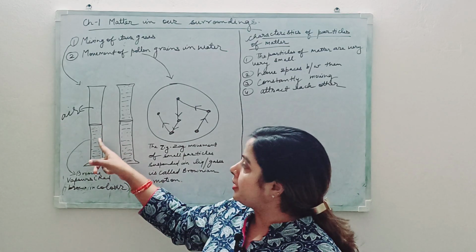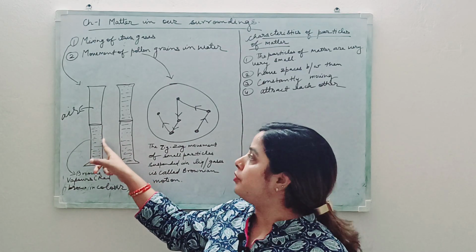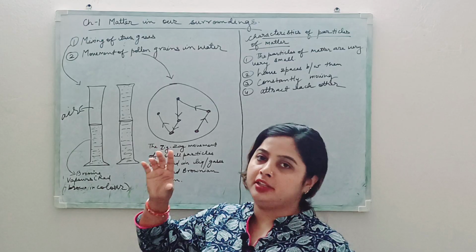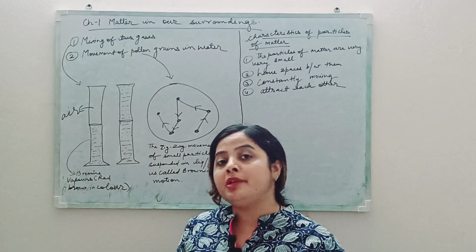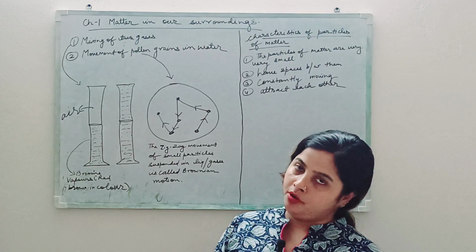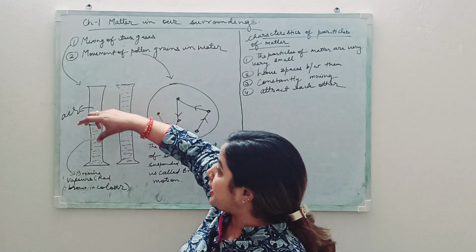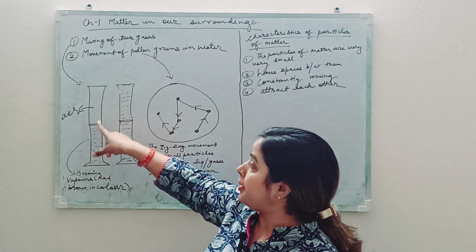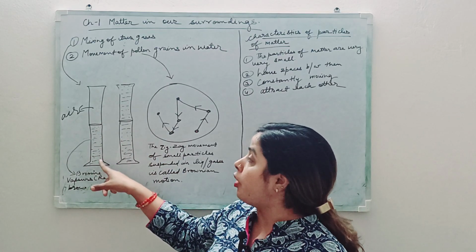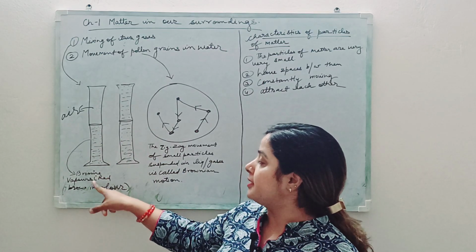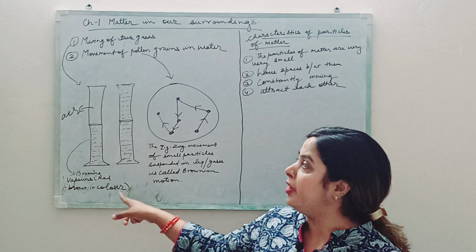So the first cylinder contains bromine vapor which is red brown in color, and the second cylinder is empty. Empty doesn't mean it does not contain anything; empty means it contains air. We have inverted this cylinder which contains air over the mouth of the first cylinder, the one which contains bromine vapor.